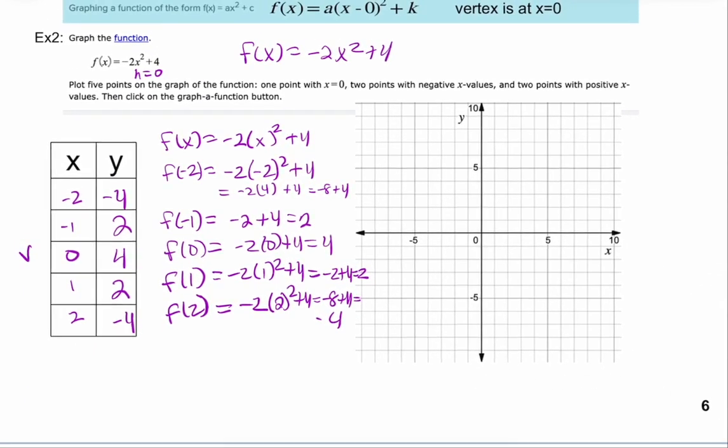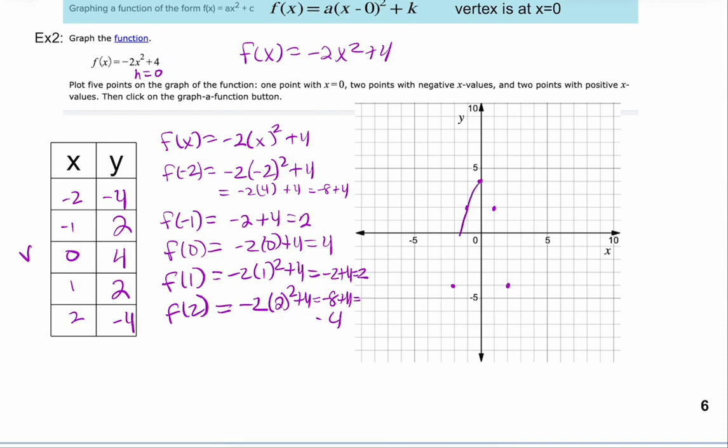So let's actually plot our points. So at -2, we're at -4. At -1, we're at 2. At 0, we're at 4. At +1, we're at 2. And at +2, we're also at -4.